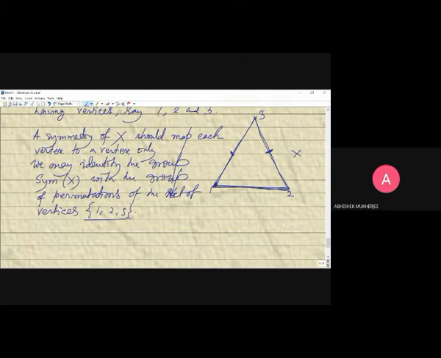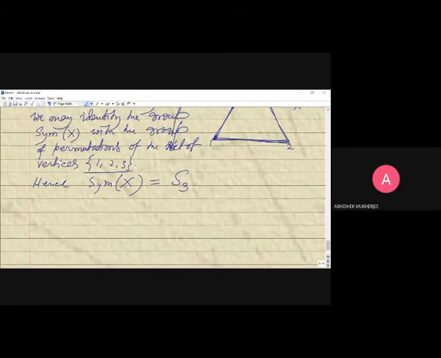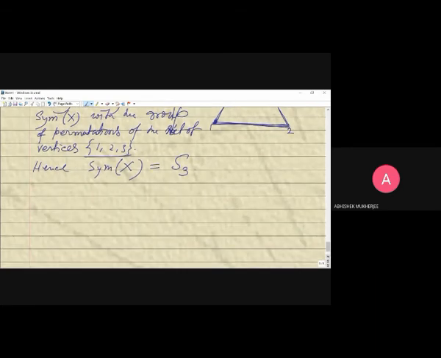So hence the symmetry group of any equilateral triangle is S3, the symmetric group of order 3.